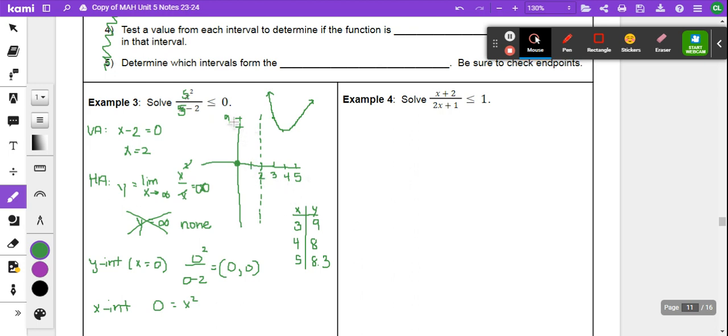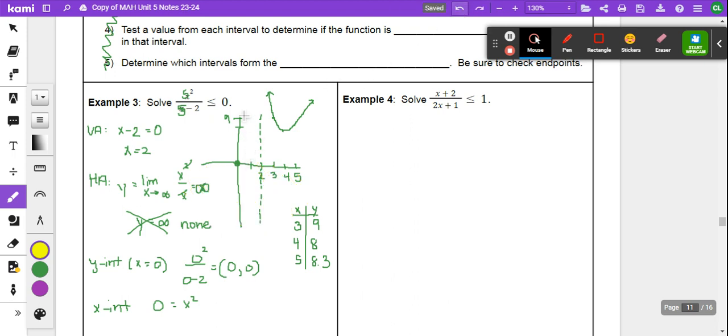What I need to know, because remember that less than 0 is going to be everything below the x-axis. I know that I'm scribbling all over my paper, that's fine. It doesn't matter how close it comes. It doesn't touch. There's no x-intercept, so there's just no way.